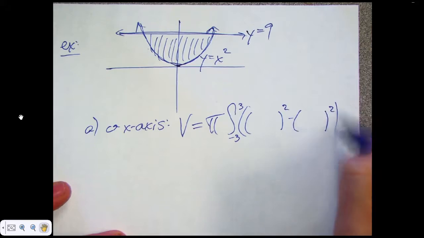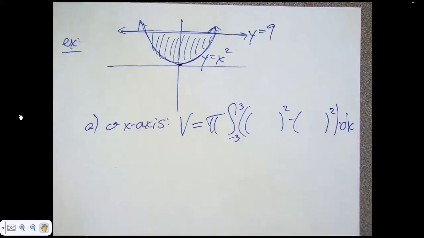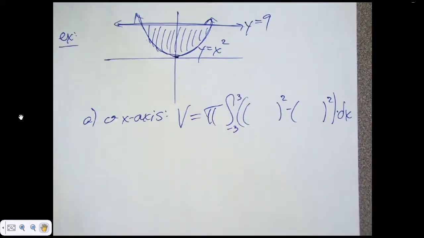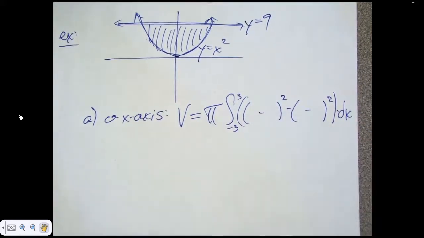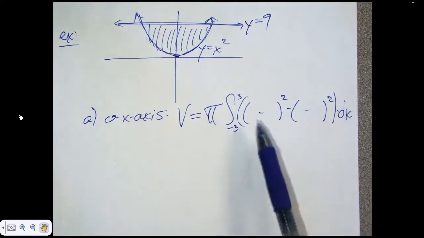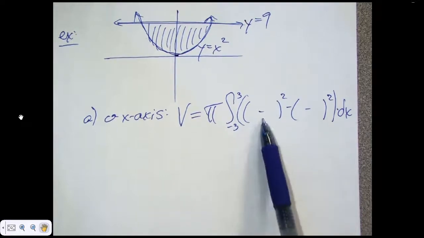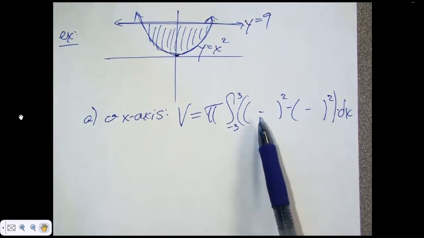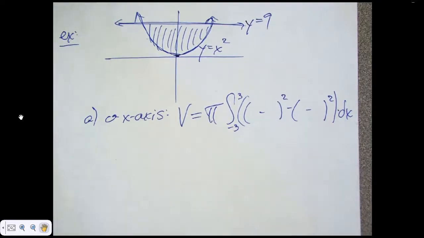Now set up my general form. Then I gotta plug stuff in there. So it's like big R minus small r. The one that's farther away, or would be on the outside of your shape. So I'm revolving this around the x-axis. I'm picking this shape here, and it's going to come around this way, go back through the other side.